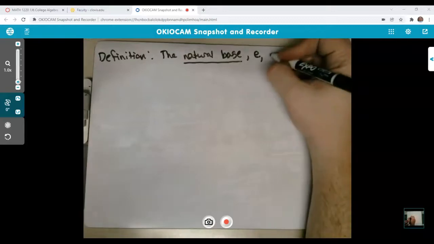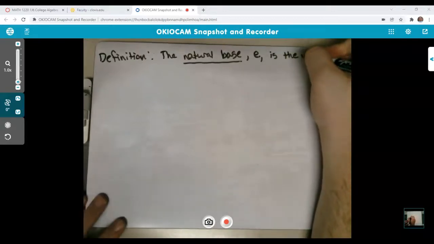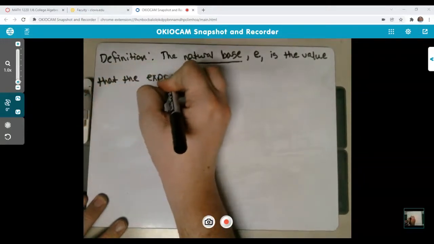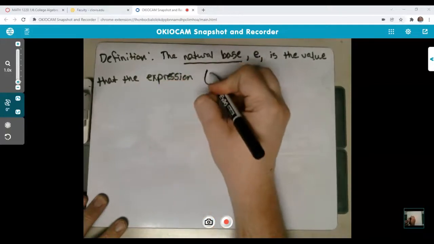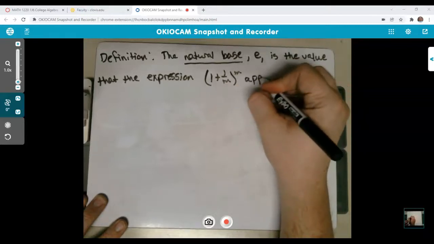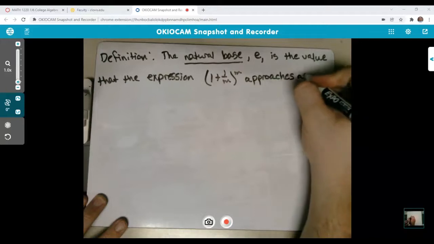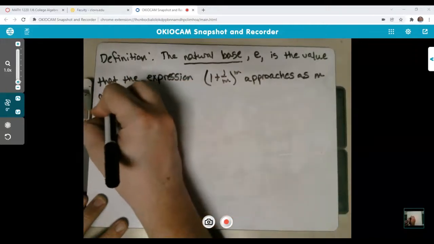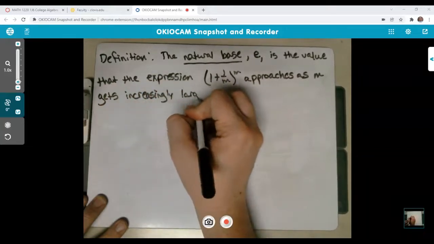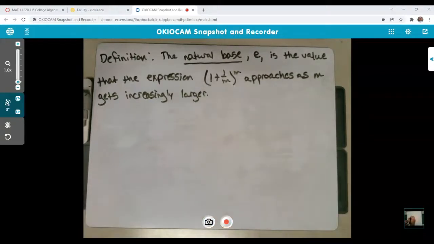The natural base e is the value that the expression 1 plus 1 over m to the power of m approaches as m gets increasingly larger. The natural base e is the value that the expression 1 plus 1 over m to the power of m approaches as m gets really big.